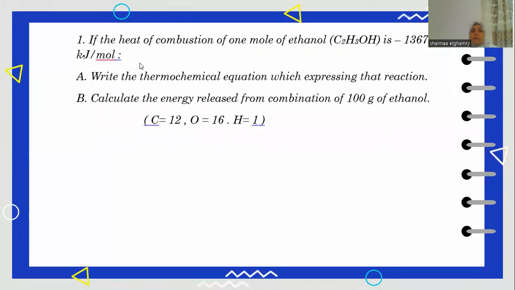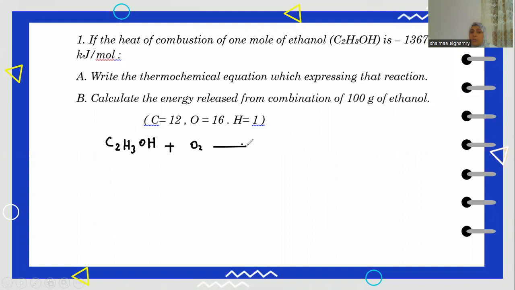Another example: if the heat of combustion of 1 mole of C2H5OH is negative 1367 kilojoule per mole. So we have C2H5OH, which combusts in the presence of oxygen, for sure.